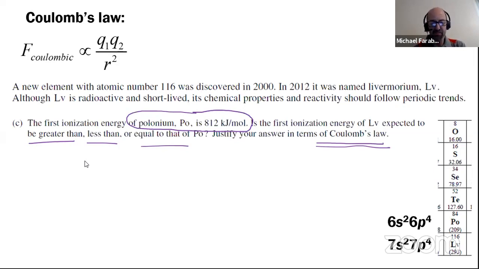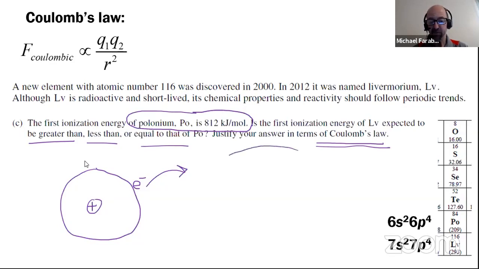You can imagine that if I have a nucleus and a particular atom, this is the electron in the valence shell that is going to be removed. That's what ionization energy is all about.